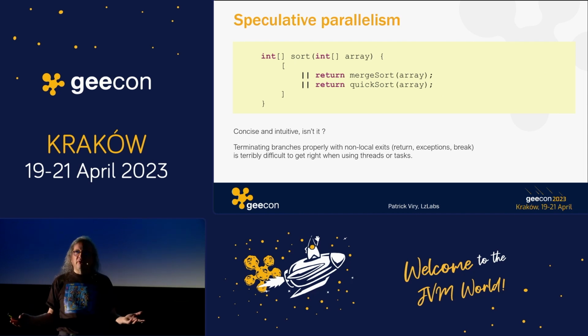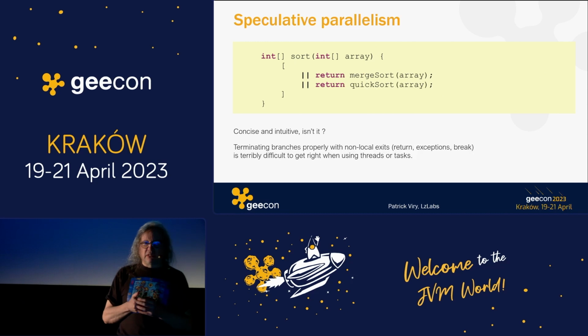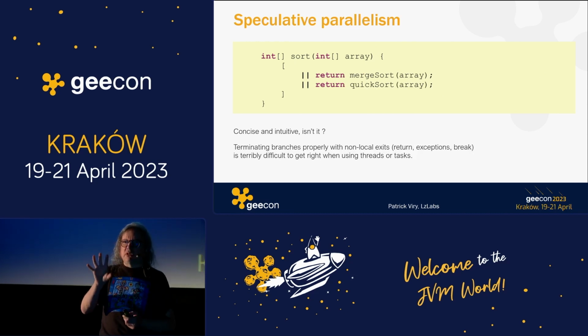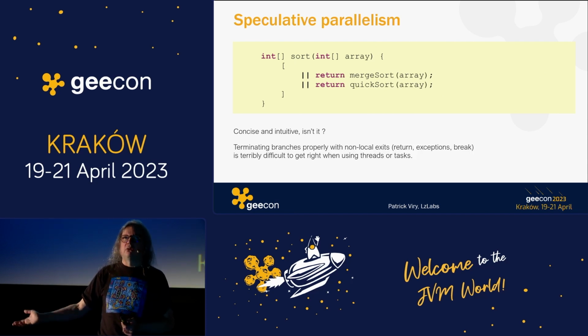So you launch both of them in parallel, and then you take the first result and discard the other. What's interesting here is the return statement inside the parallel branch. The return statement says that, okay, this is going to be my result, and please discard all the other branches. Stop them and discard them.